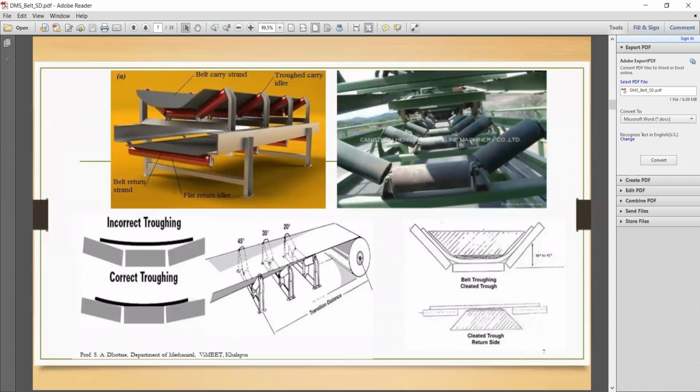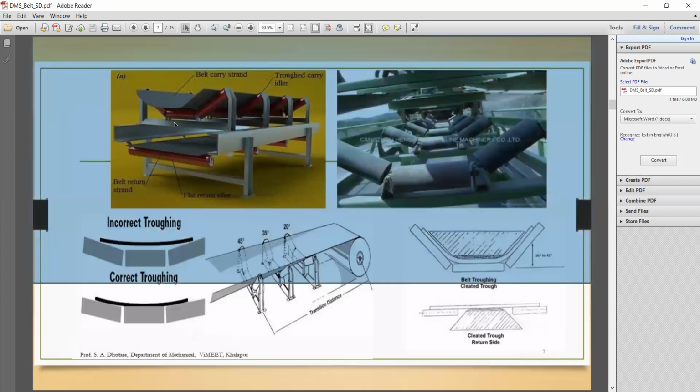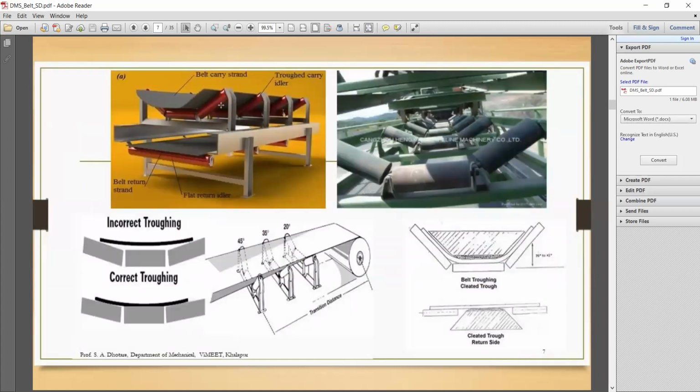Look at the first diagram: here the troughing shape is created by using three idlers. This is the conversion from flat belt idlers to troughing idlers, and it can be done in the upper run only.